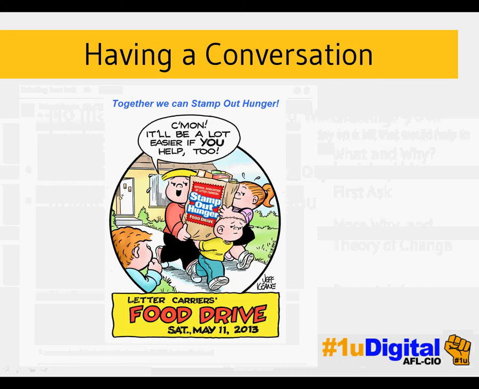A lot of people are just going to keep clicking through their inbox. They're not even going to know exactly what you want. However, if you put this image in an email with a few sentences about, "Hey, this food drive's coming up. We really need your help. Can you leave a bag of food out for your letter carrier to pick up on Saturday?" then your likelihood of getting them to do it is going to be a lot higher.